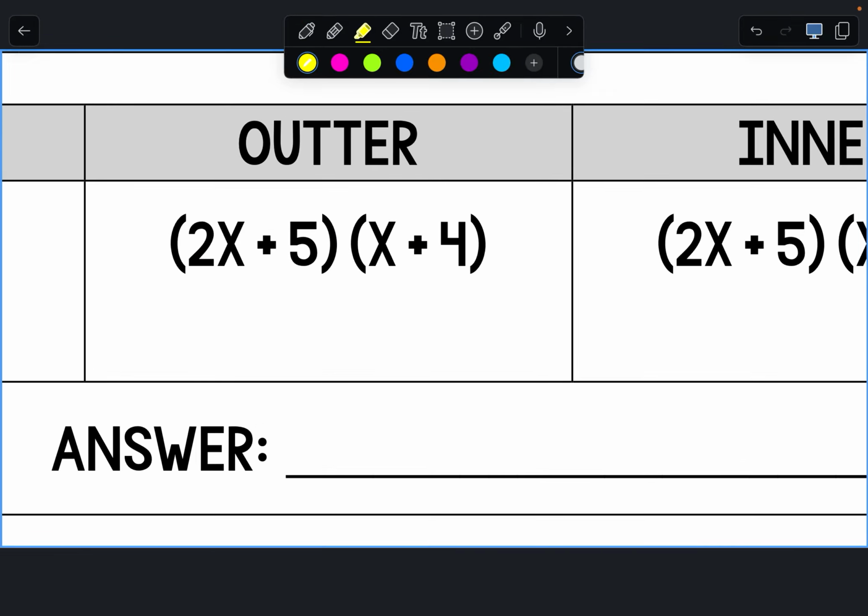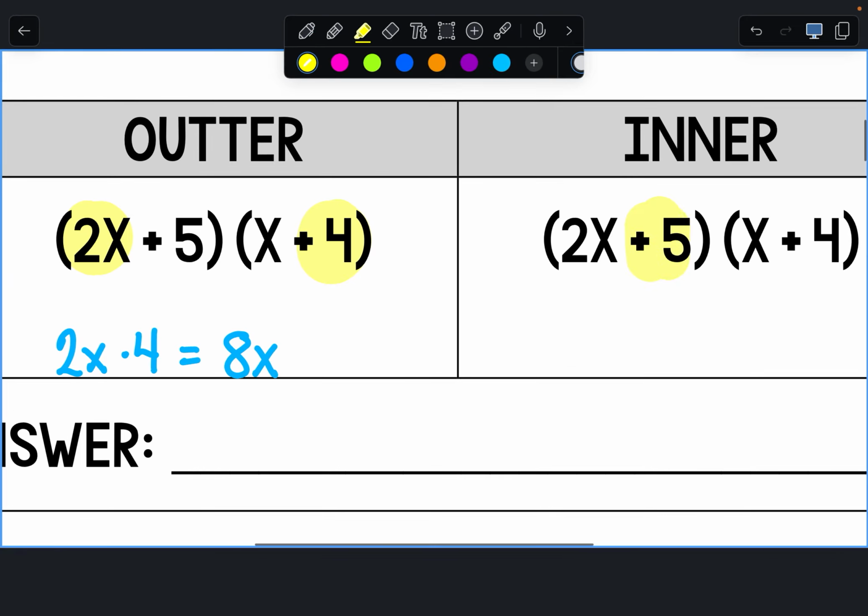O stands for outer. So we're talking about the outside terms of both binomials, which would be 2x and 4. 2x times 4 is 8x, not x squared, because 4 does not have an x. The next one, inner.